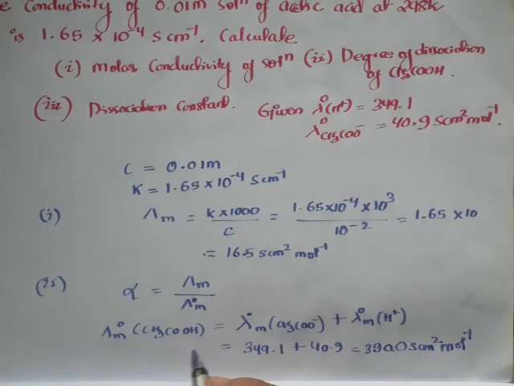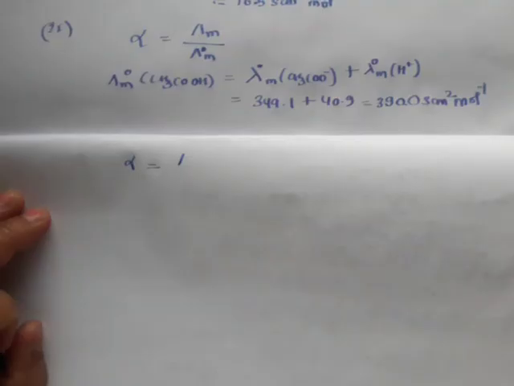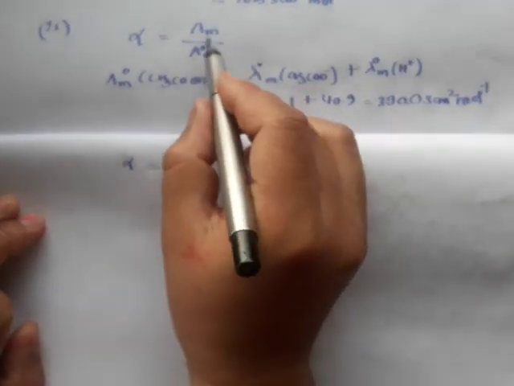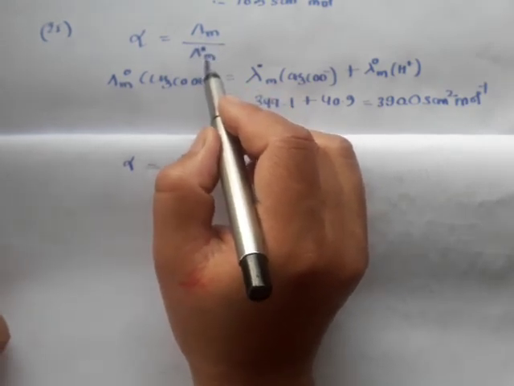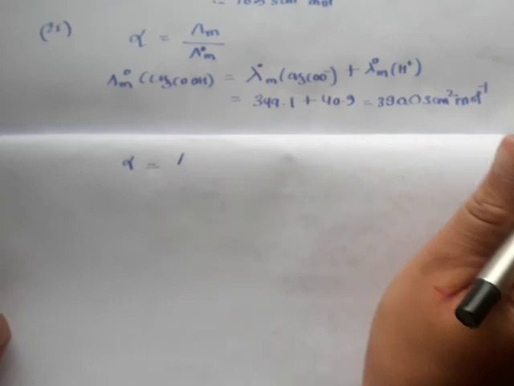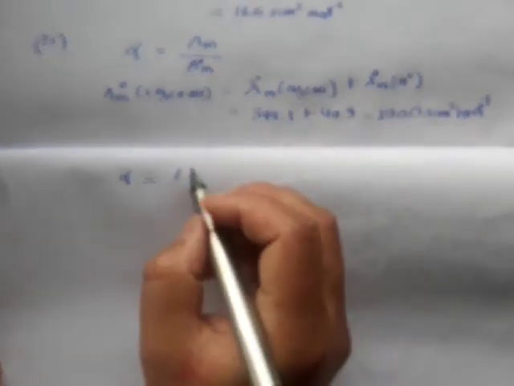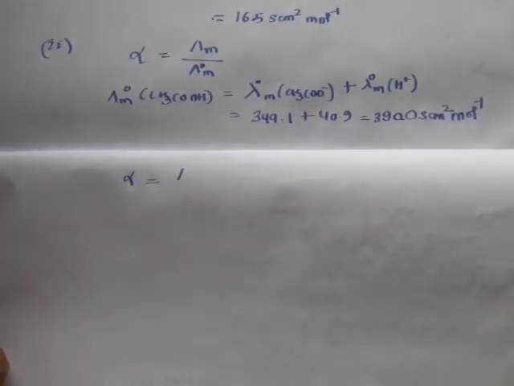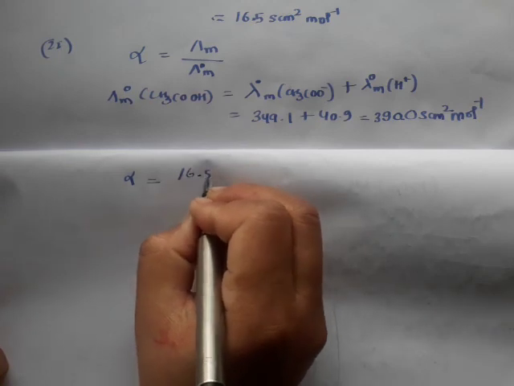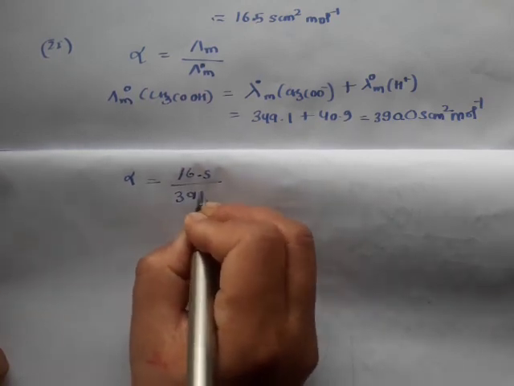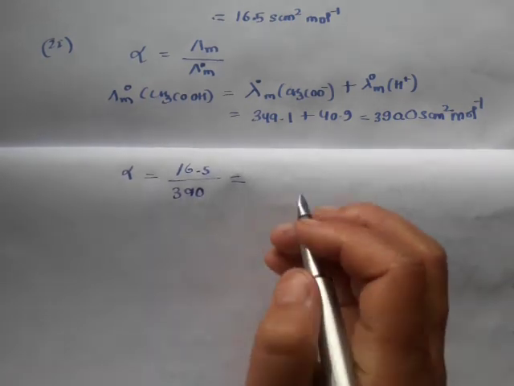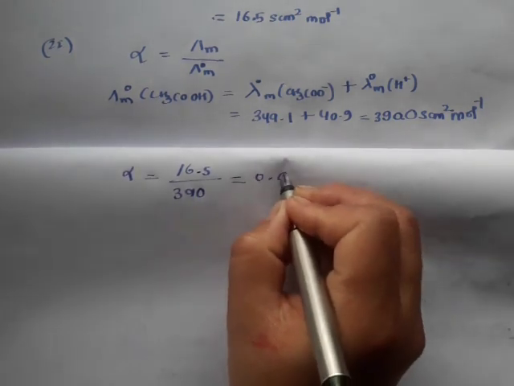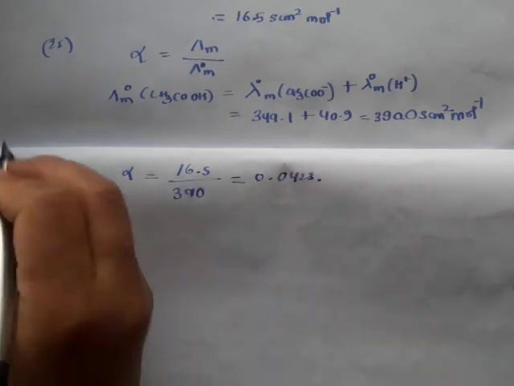This is your limiting molar conductivity. Now your alpha is the molar conductivity at any concentration divided by the limiting molar conductivity. The value of molar conductivity we got is 16.5 divided by 390, and we get the value as 0.0423. So the second part is also done.